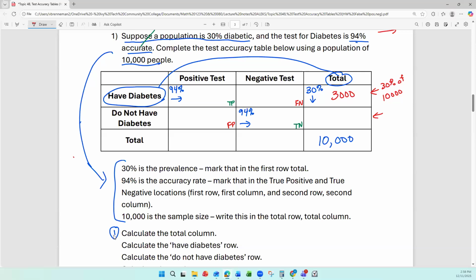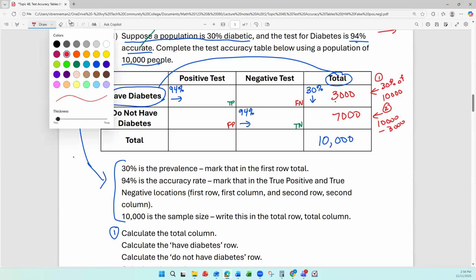And then this one is 10,000 minus 3,000, which is 7,000. Now, I don't have to do the 7,000 second. As soon as I have the 3,000, I could go and finish the whole have diabetes row. So it's not necessarily one right order to do it.